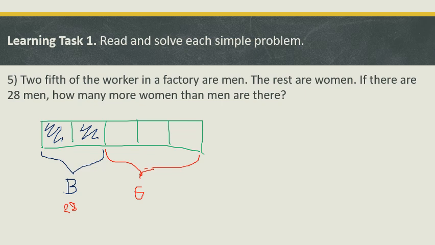So, alamin muna natin kung 28 ang men, 2/5 siya ng workers sa factory. So, ilan po kada isang box kung dalawang parte siya nito. So, 28 po ang men. Hatiin natin sa dalawa. So, magiging tig-14. Ibig sabihin, lahat ng box na ito ay tig-14.